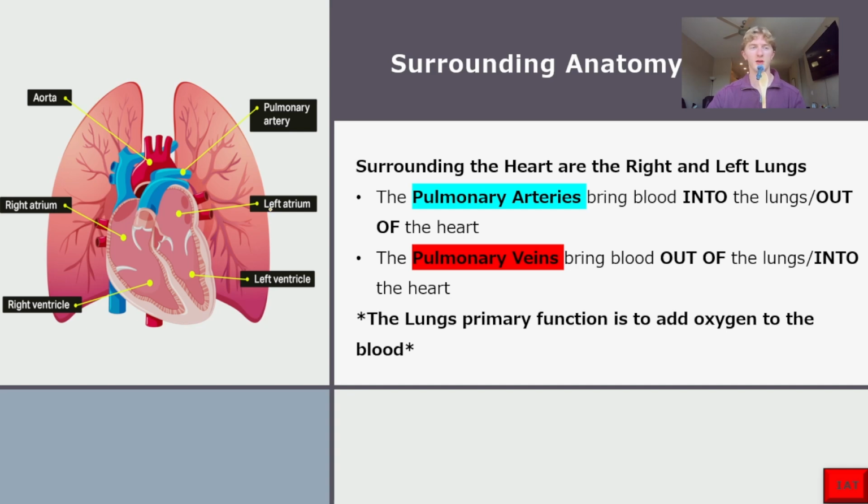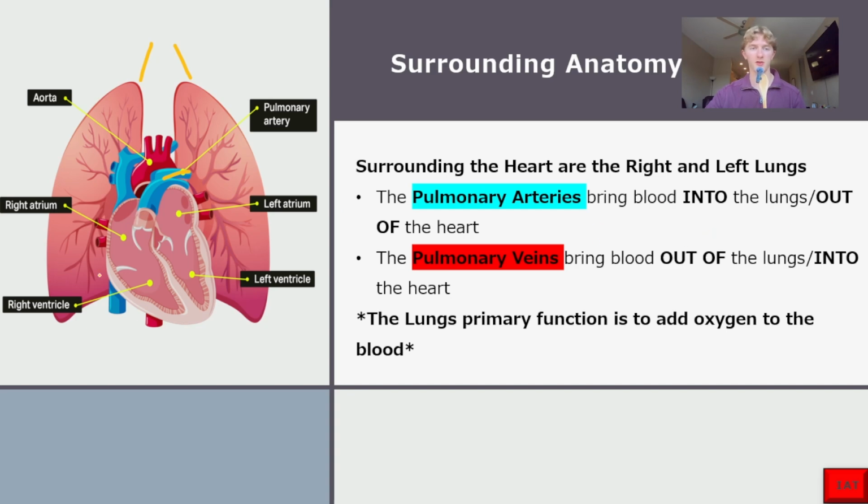So now that we've talked about the basic structure of the heart and the internal anatomy, let's talk about some of the surrounding anatomy, which will be the last puzzle piece that we need to understand blood flow throughout the heart. Surrounding the heart are the right and left lungs. We can see them obviously right here. And the pulmonary arteries, which we remember are going to be these right here, which are the vessels leaving the heart, are going to bring blood into the lungs.